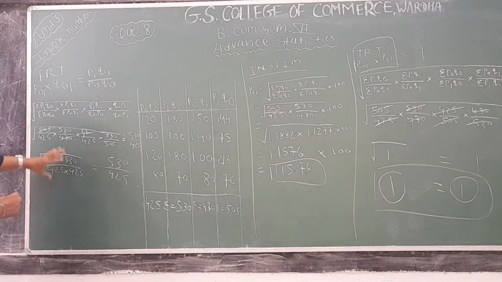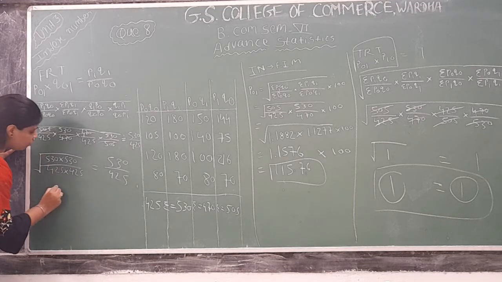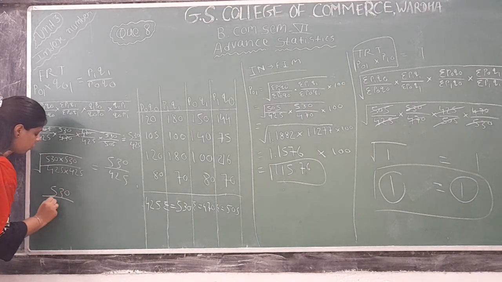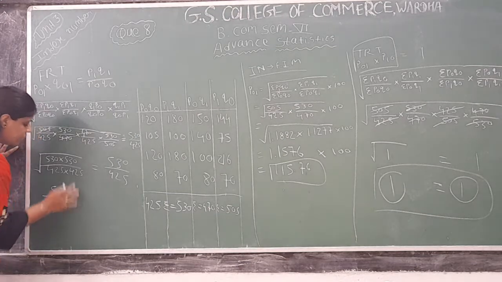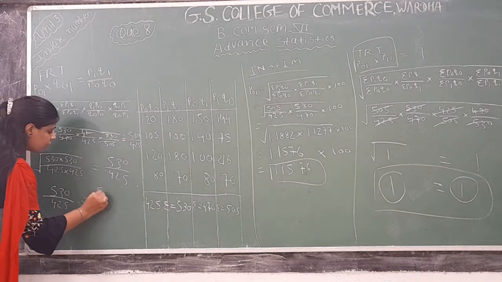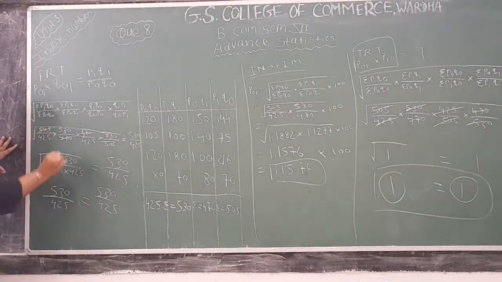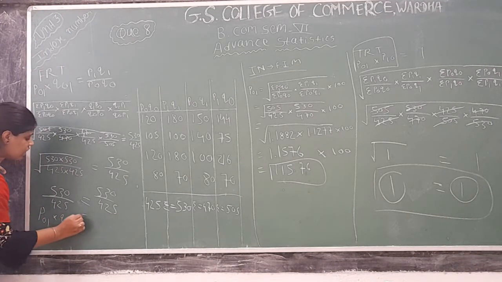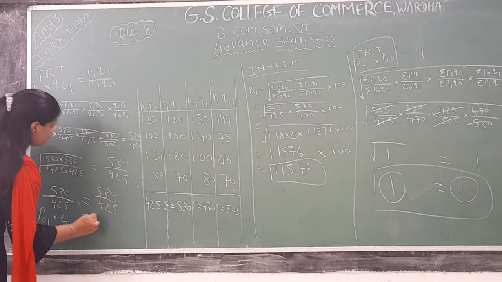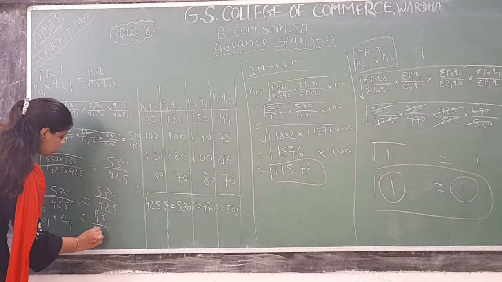When we find the value of this square root, we get 530 upon 425. So P01 into Q01 is equal to P1 Q1 upon P0 P0 Q0.